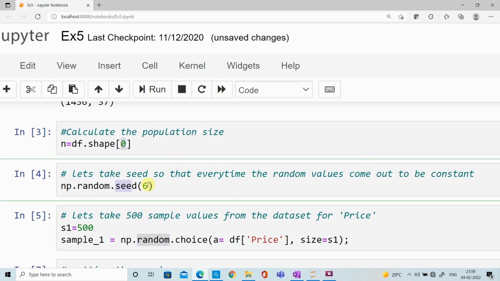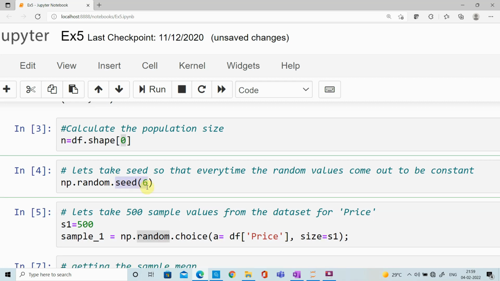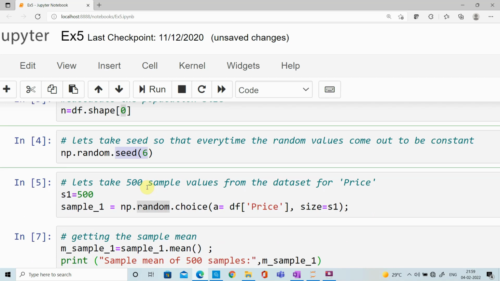You can change or remove this and test how the samples taken from your population differ each time. Now I have set the seed to 6. You can give 12, whatever it is, and that will make the random values constant every time when taking values from your population.